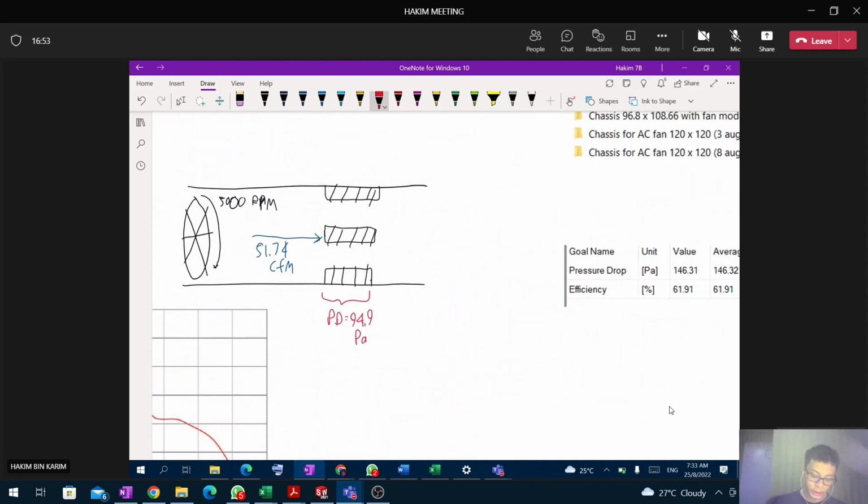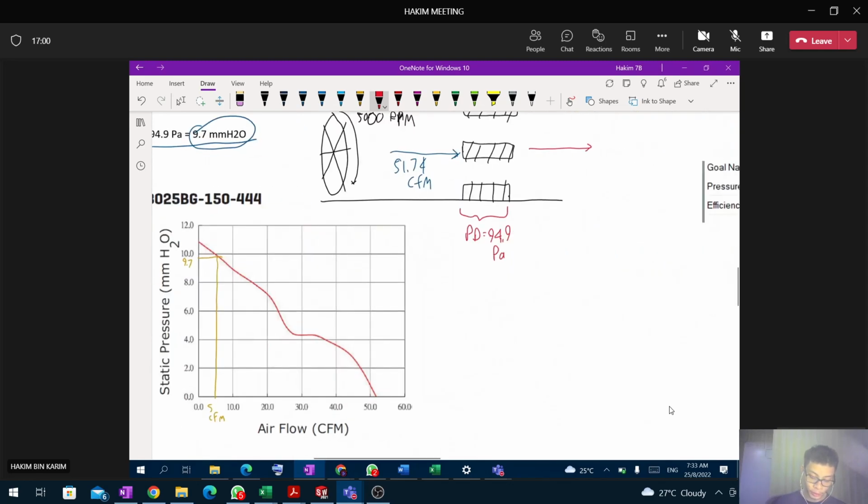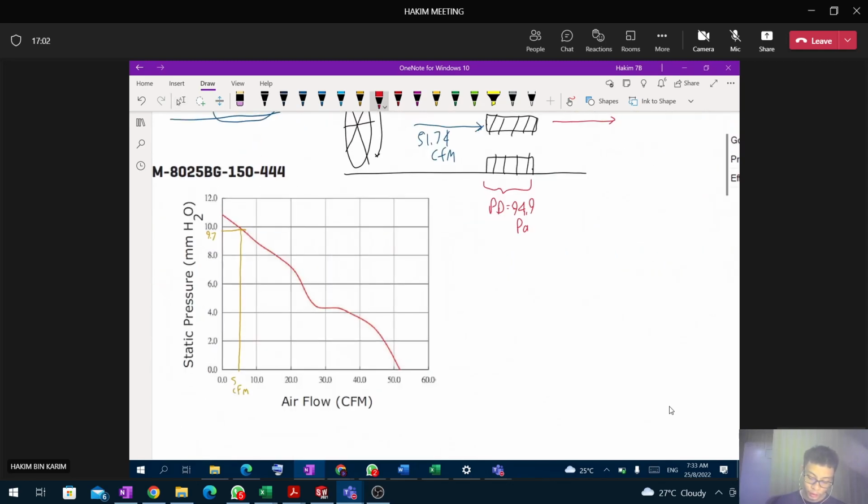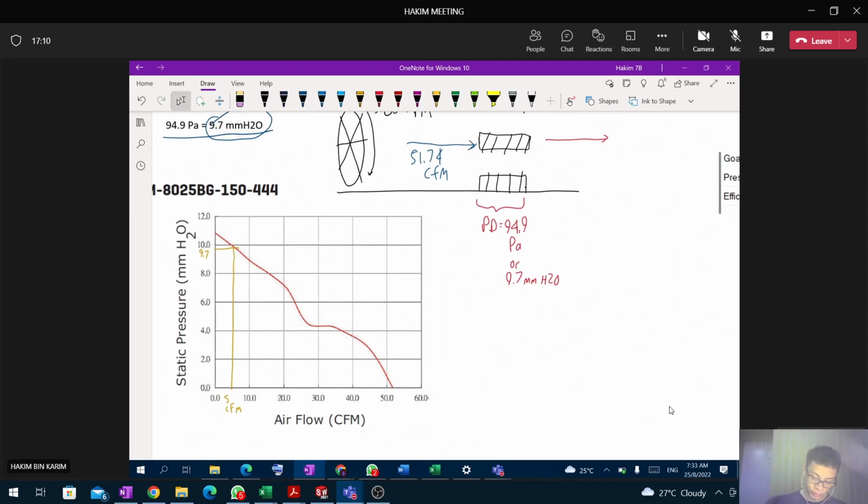So this means that the airflow after passing through the heat exchanger, when we use this graph at 9.7 mm H2O, is only 5 CFM.